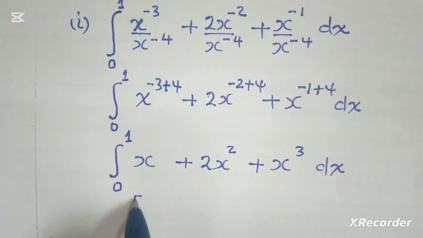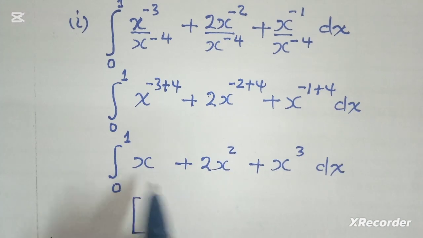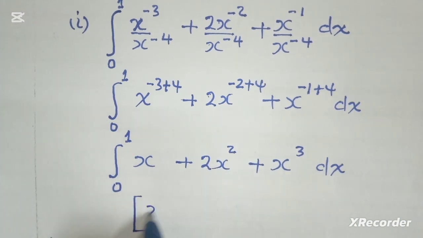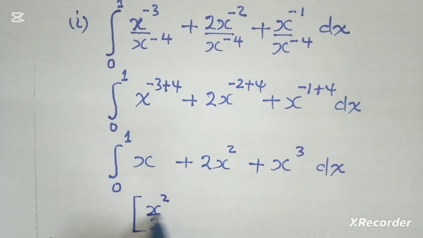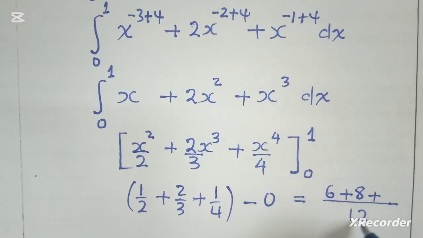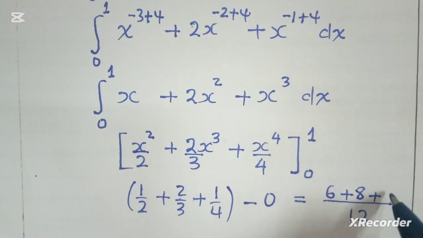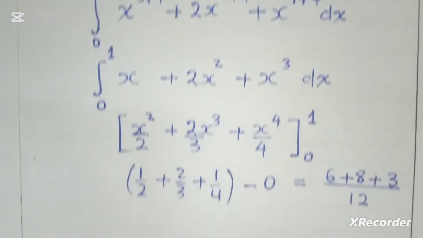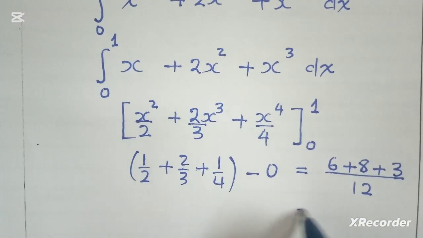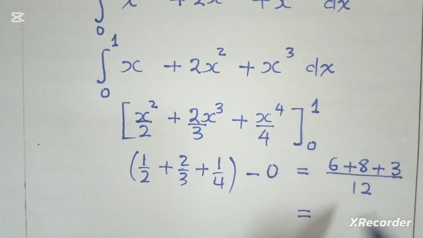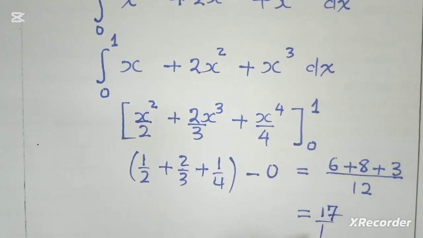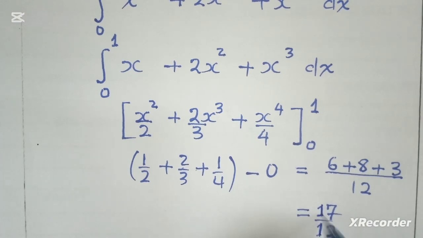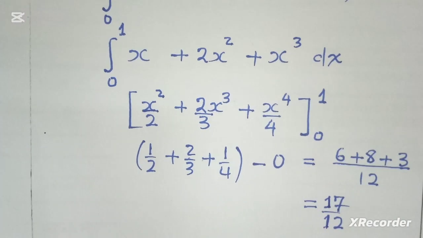When we integrate, integrating x will be x squared all over 2, plus 12 divided by 4 is 3, like that. So finally our solution is going to be 14 plus 3, that is 17 all over 12. So guys, that is our solution for that question.